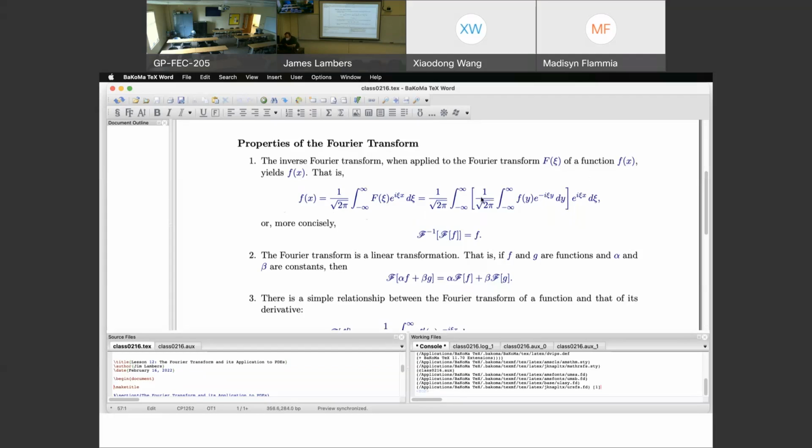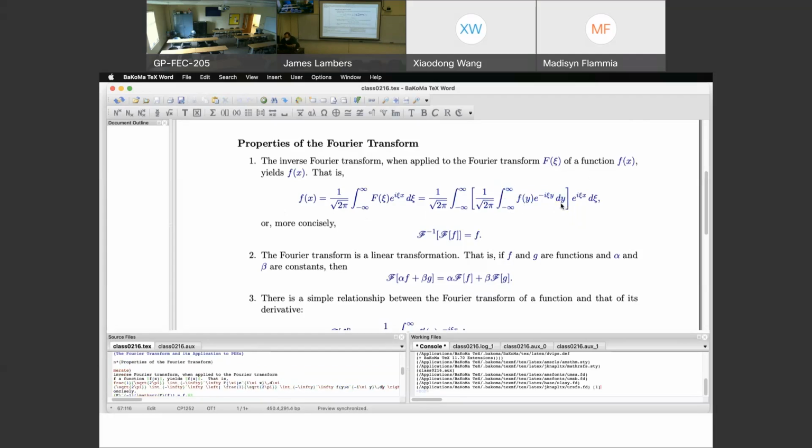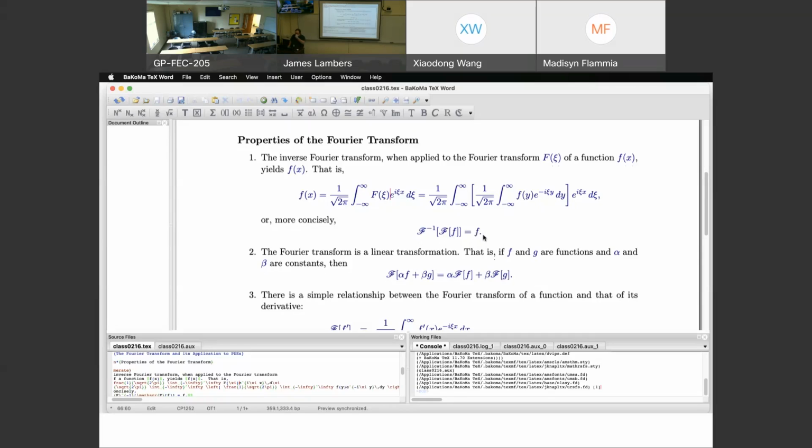So what's happening here is, in the square brackets, you're taking the Fourier transform of little f of y, and that becomes capital F of ξ right here. Then over here, you're taking the inverse transform of capital F, and that brings you back to little f. So in other words, this fancy F here denotes Fourier transform. So the inverse of the Fourier transform brings you back to f. There's a cancellation effect there.